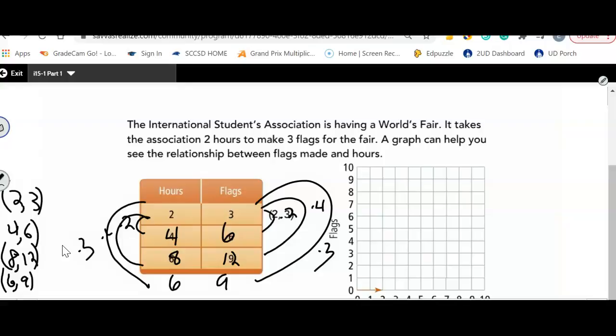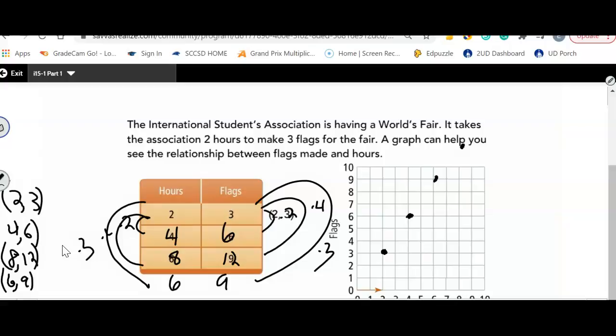Okay. Let me graph it. 2 is our x, number of hours on the x-axis. 3 is our y, flags. 4, 6, 8, 12. Have to go off the grid a little bit. 6, 9.